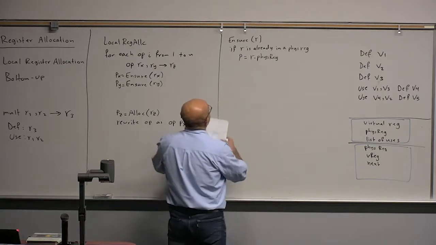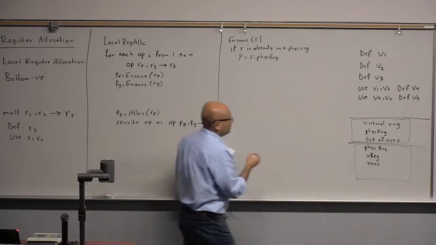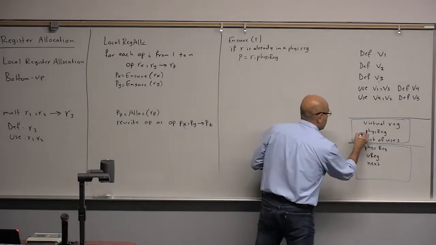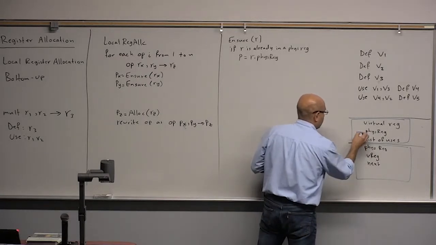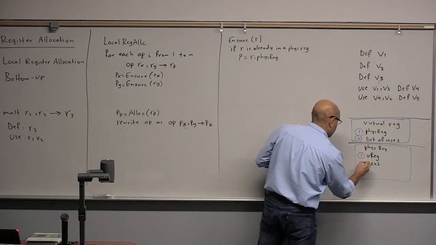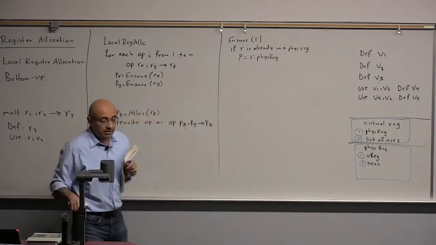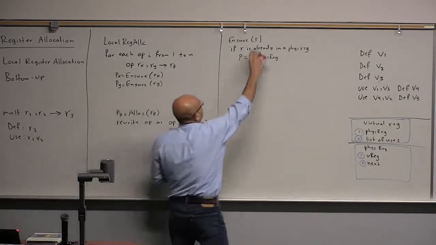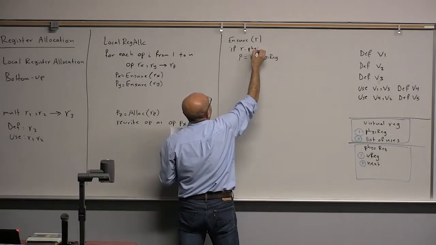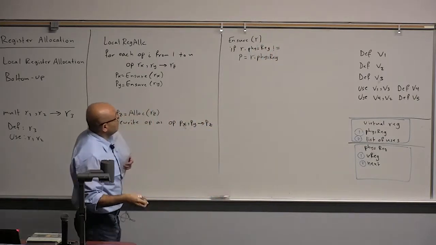So now, in fact, R is already in a physical register. We can check on the physical register field. These are the fields in this structure: the first field, the second field. So if R is already in a physical register, maybe we can translate this into R dot physical register is not equal to some invalid indicator.